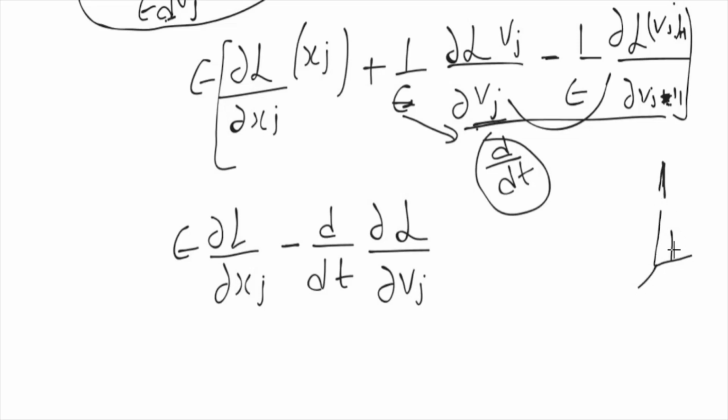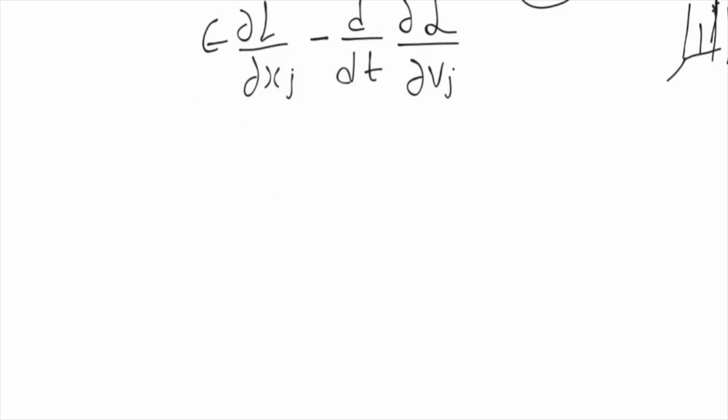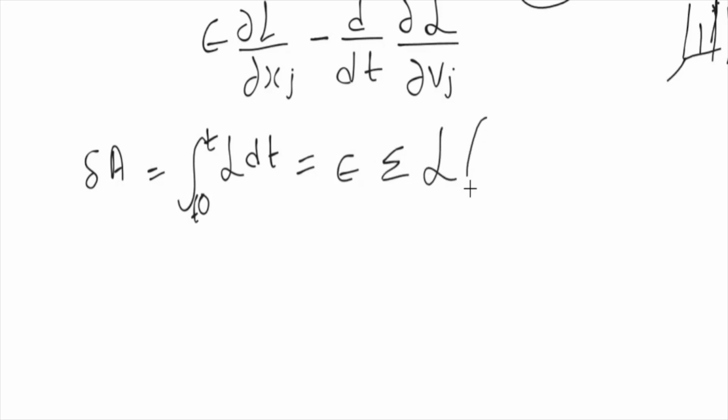Where was xj? Here in this one we had xj. When you move xj a little bit, what will the action be? It will vary when we vary xj a little bit. So the integral from t naught to t l of L dt is equal to epsilon, which is delta A, that is equal to, what we wrote earlier, delta A is equal to epsilon summation of Lagrangian with xj plus 1 minus xj, then we have considered 2 points.